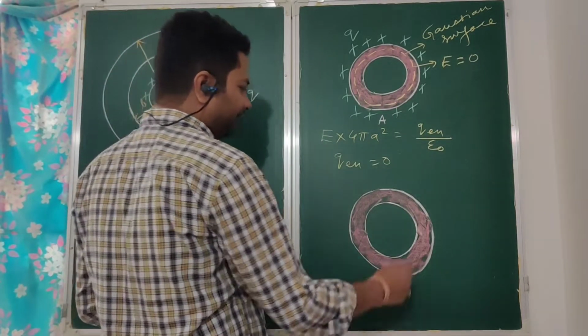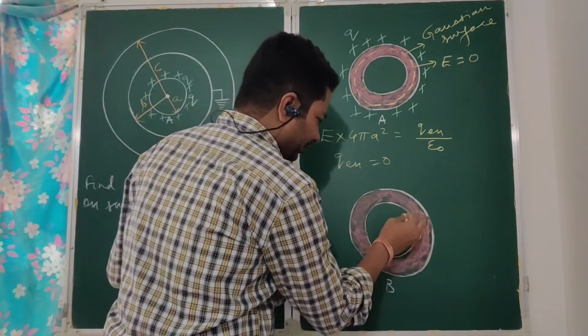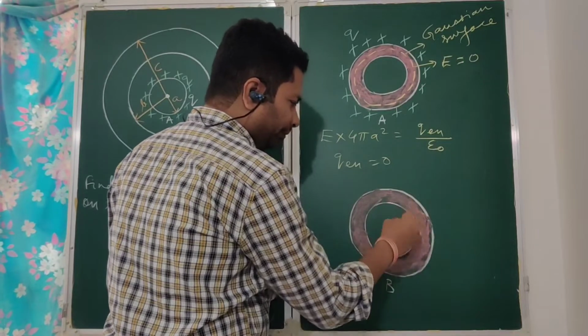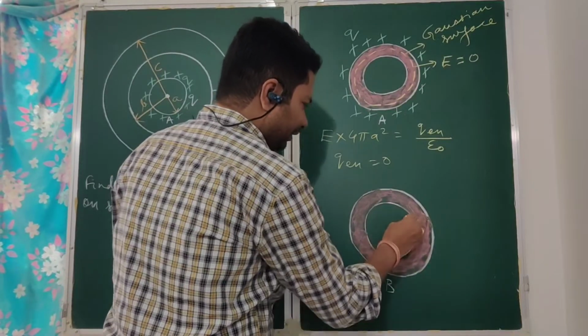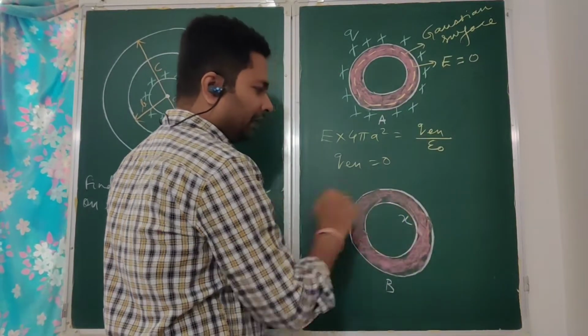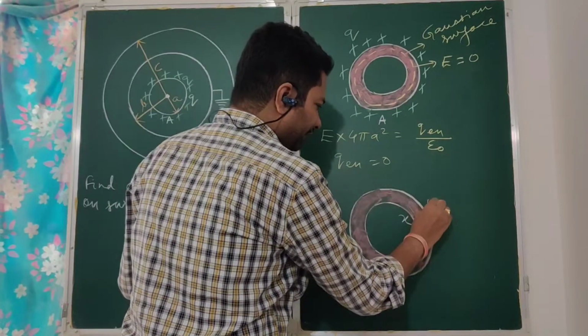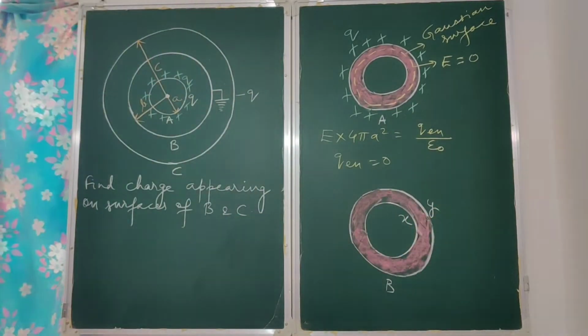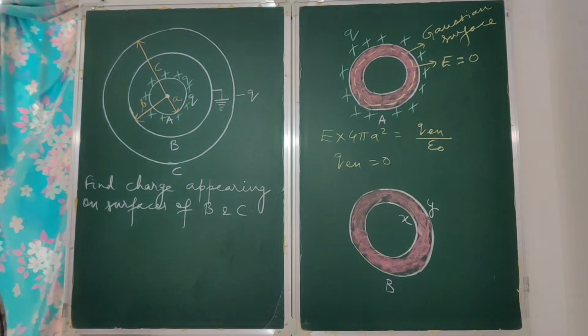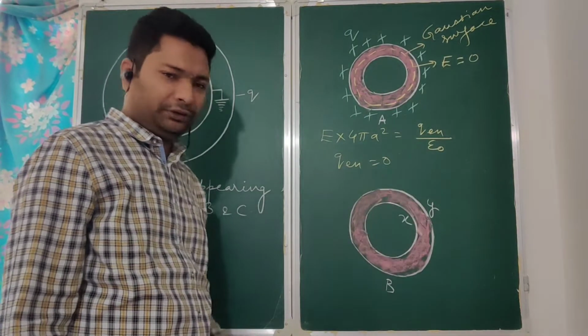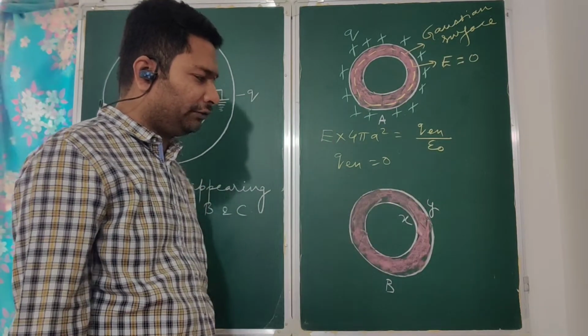So let us say we give the charge on the inner surface of B as x, and on the outer surface as y. We don't know the value of x, we don't know the value of y.